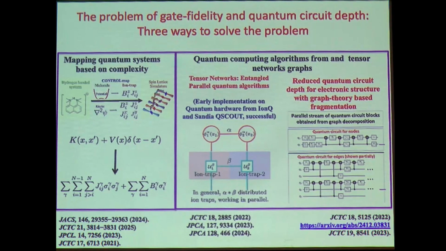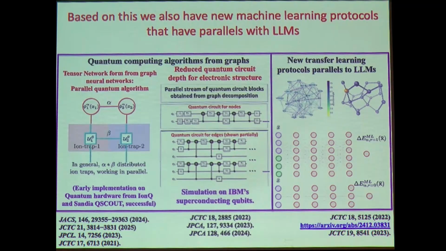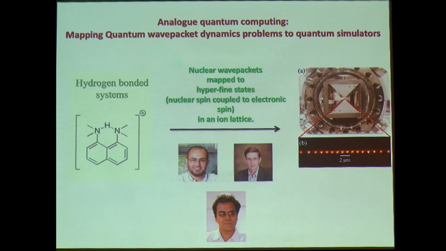We implemented that on IBM's quantum systems, and we get pretty good accuracy on that one too. And more recently, we have used the same idea to do machine learning for large systems. This has led to the first 186-dimensional potential surface done using coupled cluster accuracy using machine learning.